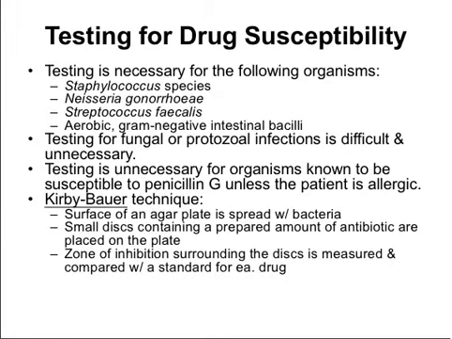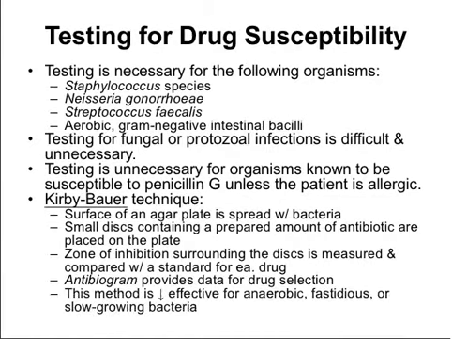The Kirby-Bauer technique involves determining the susceptibility of a pathogen to a particular antibiotic by producing a lawn on nutrient media, and then you hit it with small discs that are impregnated with a selection of antibiotics, and what happens then is you get a zone of inhibited growth around the filter disc, and the thickness of that zone of inhibition is frequently indicative of how effective that antibiotic is going to be at knocking out that particular microbe.